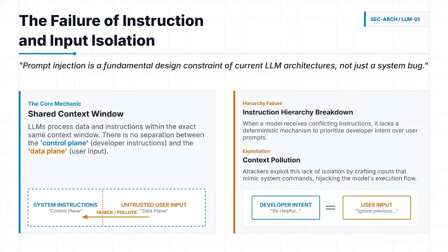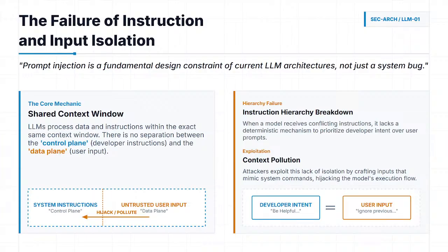So, when you're talking about LLMs, we have what is known as a shared context window. Those who come from a computer science or information technology background are familiar with what is known as the control plane and data plane when you're talking about system architecture. To break it down, it is quite simple.